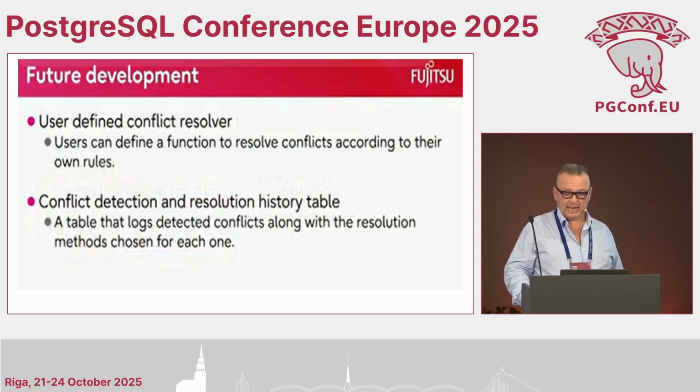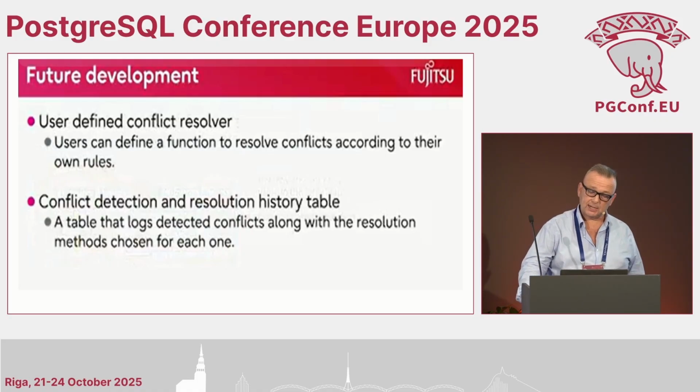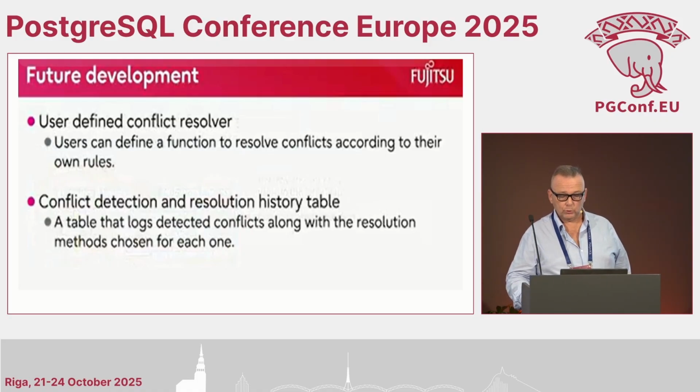Initially, obviously, handling the conflicts was difficult, but these enhancements help in understanding what's happened in a more user-friendly way. And the future plans are for potentially more automation of conflict resolution.